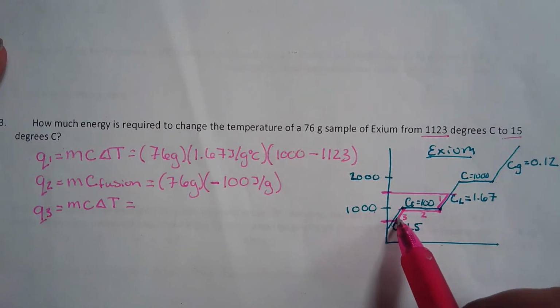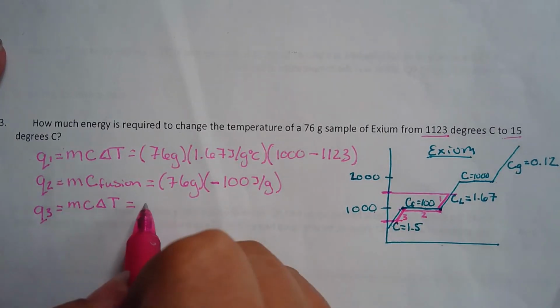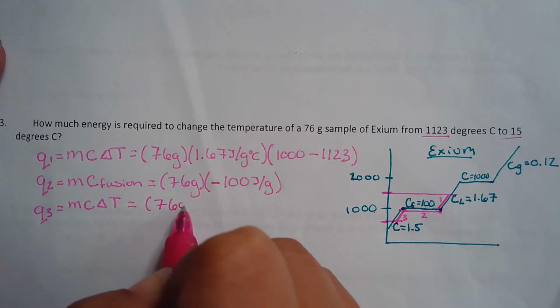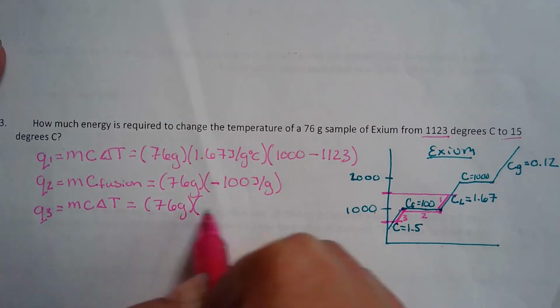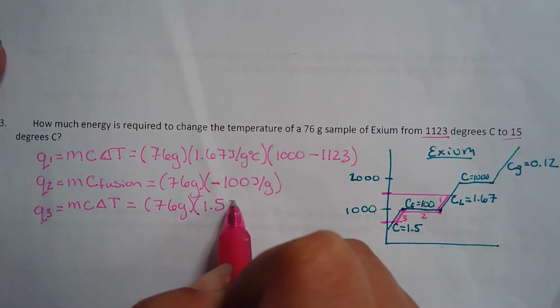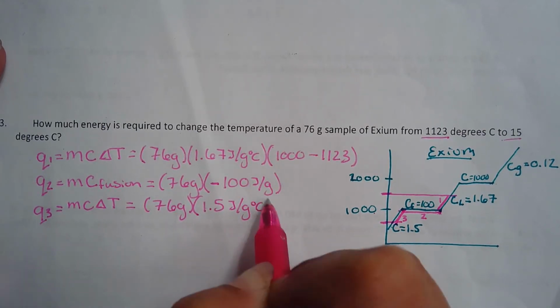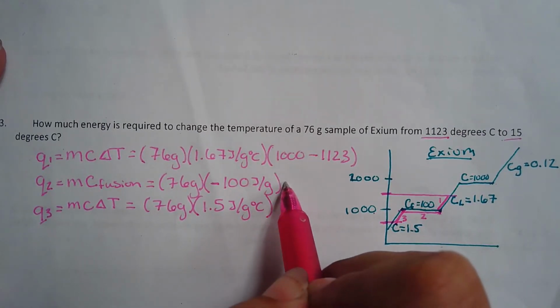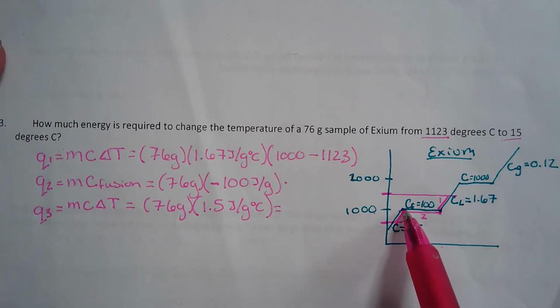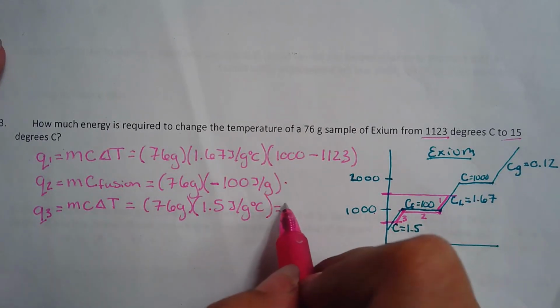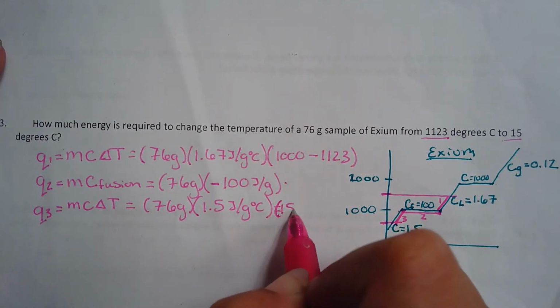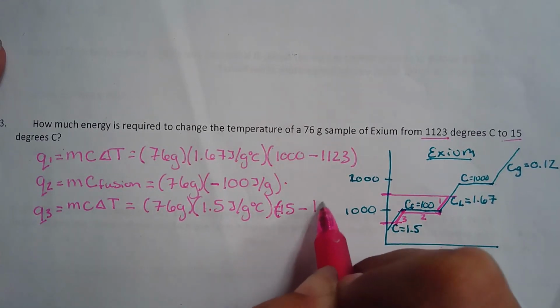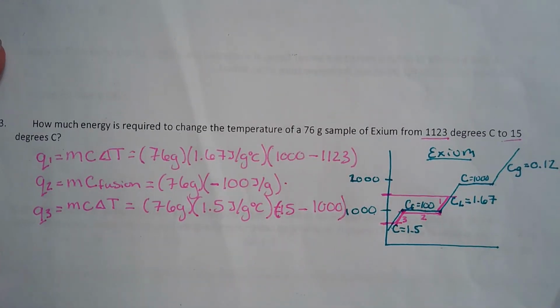And then we're going to cool it even further, so we have to use our 76 grams, our specific heat for our solid phase, which is 1.5 joules per gram degree Celsius. And our change in temperature, final minus initial, which is going to be 15 minus 1,000.